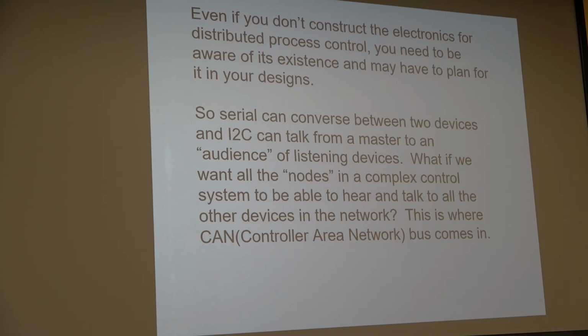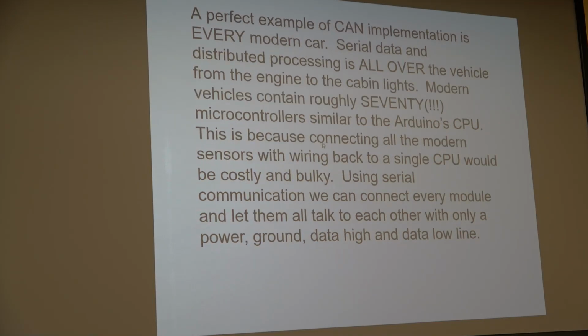Okay, we're going to do one last protocol, which is CAN, Controller Area Network. This one, in my opinion, is the absolute stuff because it is the central nervous system of every car on the road today. And the nice thing about CAN, there's no addressing.